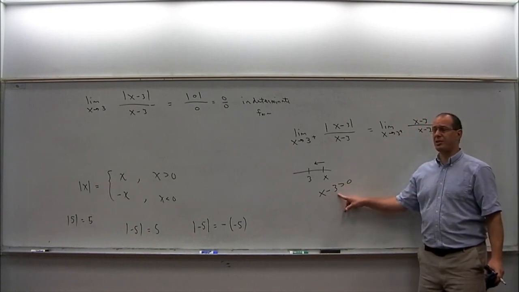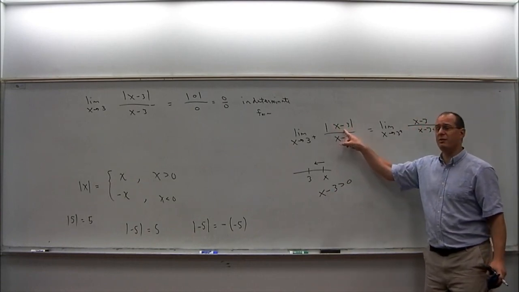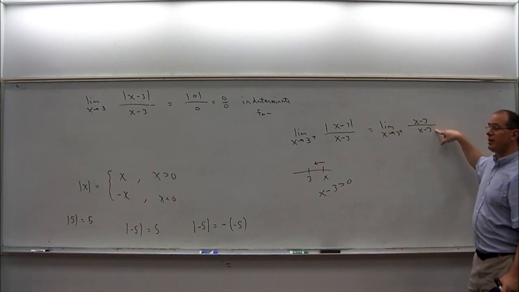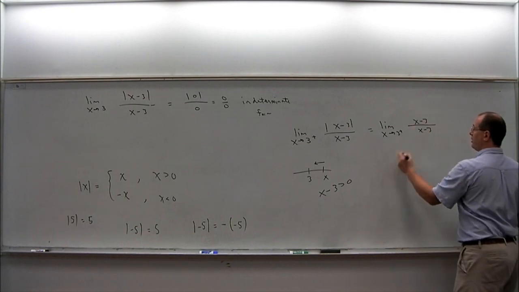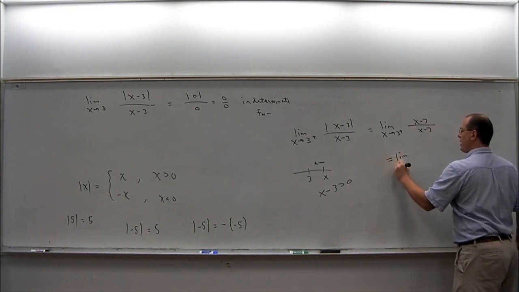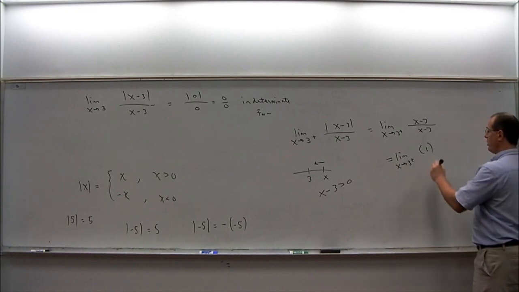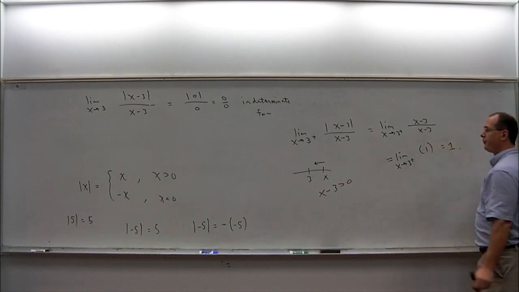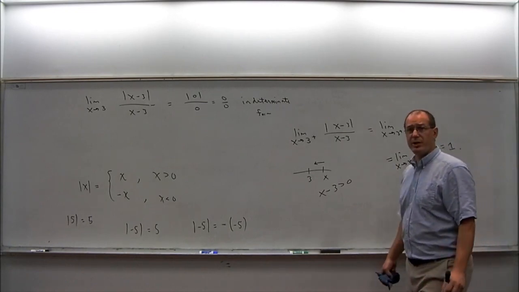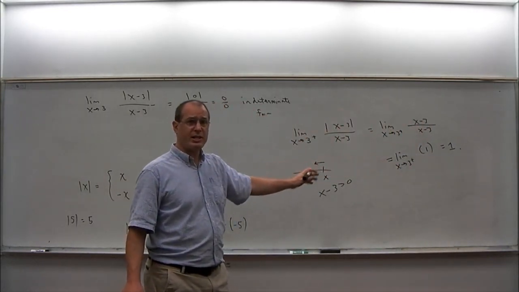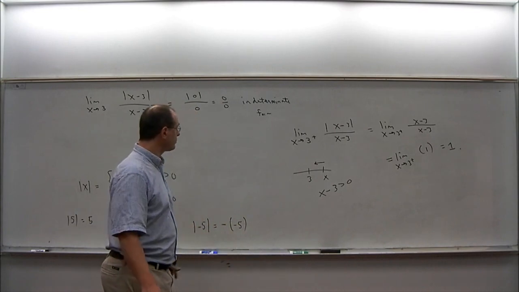The absolute value of a positive quantity is itself. And now this fraction is 1. So as x goes to 3 from the right of 1, which is 1. So a nice simple limit. Not infinity or minus infinity. No vertical asymptote here. The limit is 1.